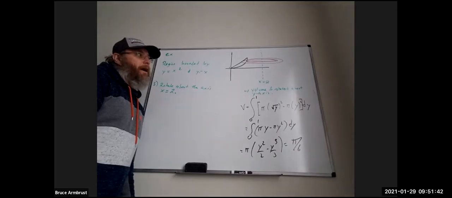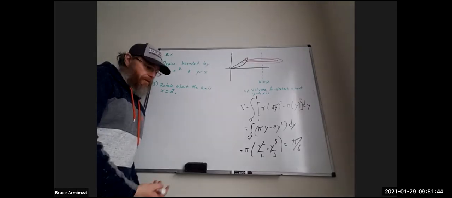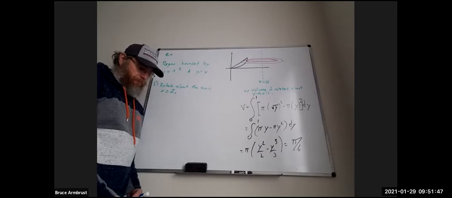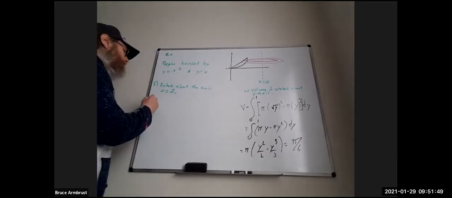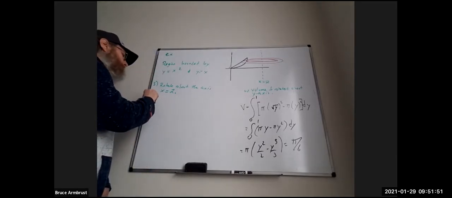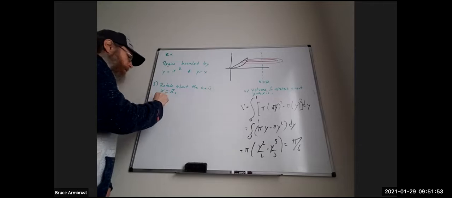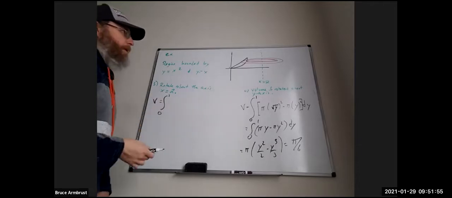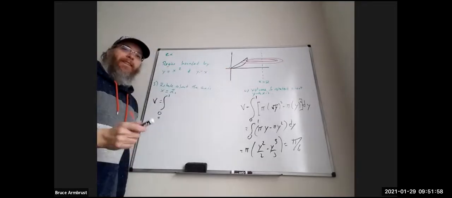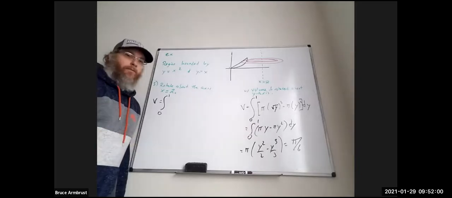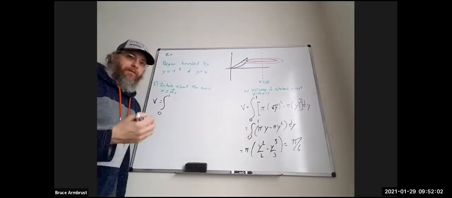All right. So let's see if we can get this thing set up. We're going to do the same idea: big circle minus small circle. The bounds are still going to be 0 to 1 because the bounds are determined by the region, not what we're rotating about. It's the region itself.